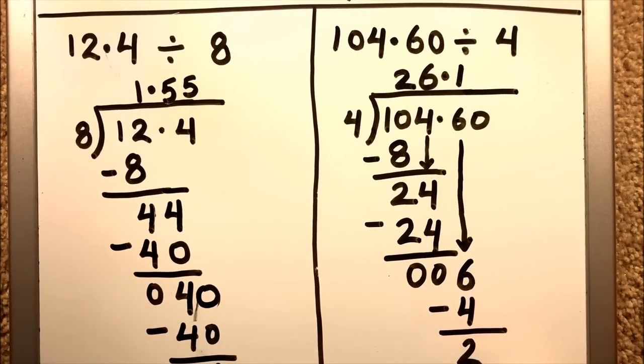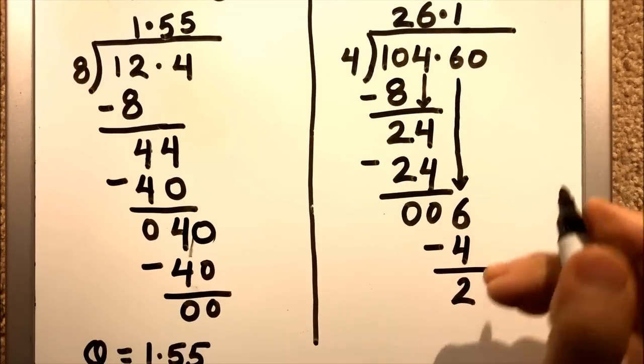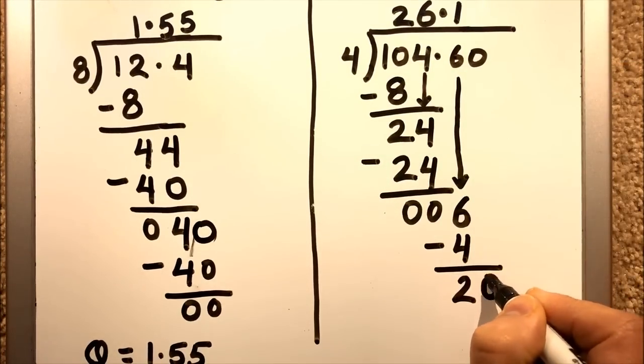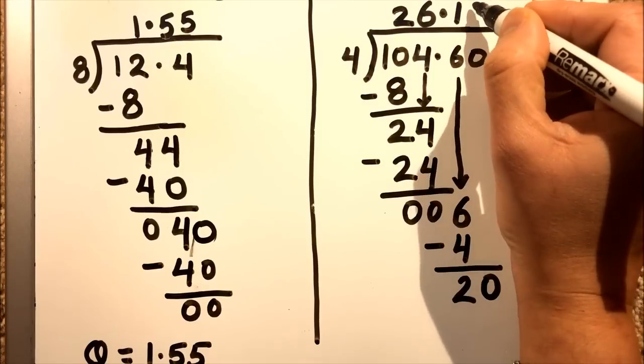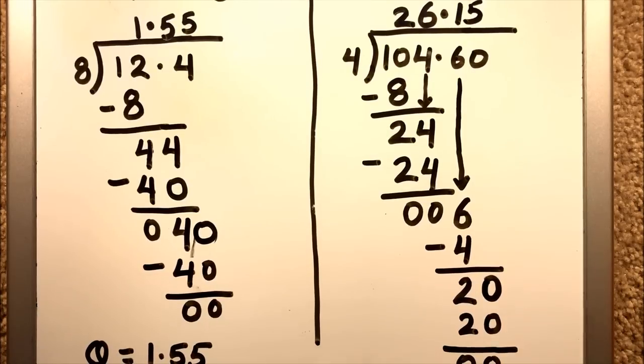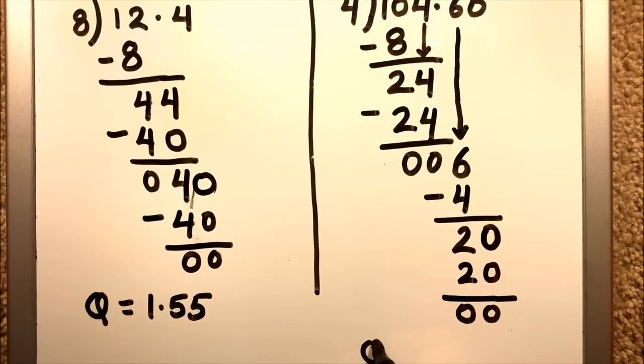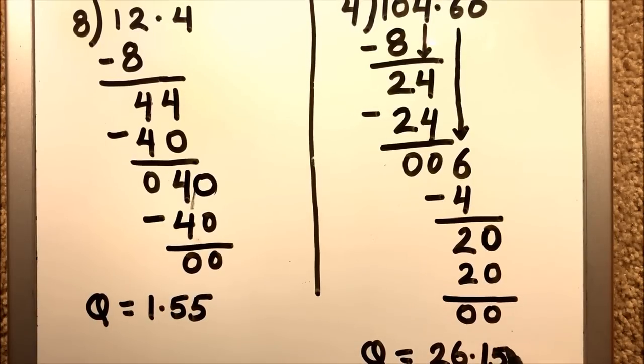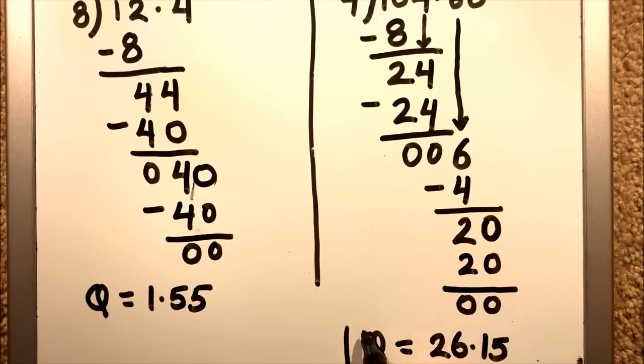So we'll get the remainder as 2, and then we'll drop down the last digit, which is 0, and then 4 times 5 is 20. So remainder is 0. So the quotient in this case is 26.15. In this way we do decimal division.